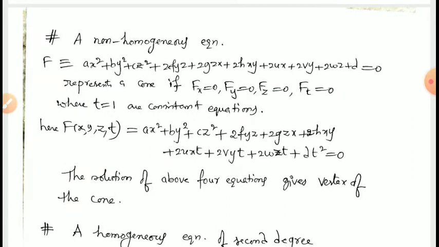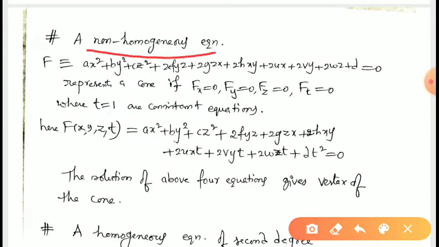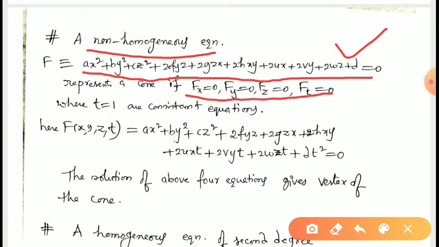See this. A non-homogeneous equation. This is a non-homogeneous equation of second degree in variables x, y and z. This equation represents a cone if these four equations are consistent. Consistent means the equations should have a solution.